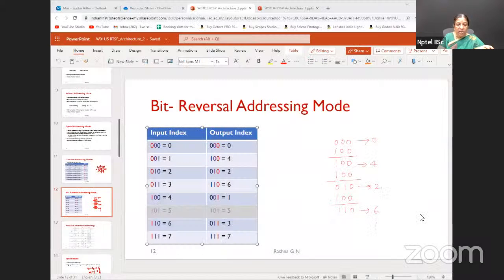So in the 3-bit case, as you can see, 101, the input is 5 and the output is also going to be 5.